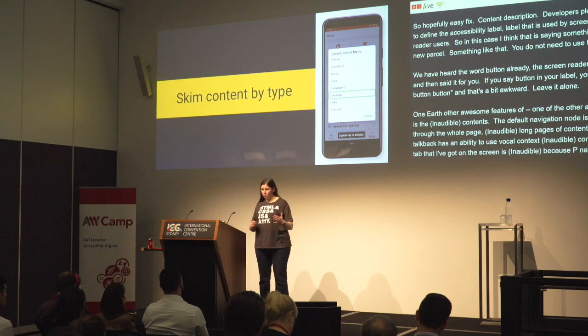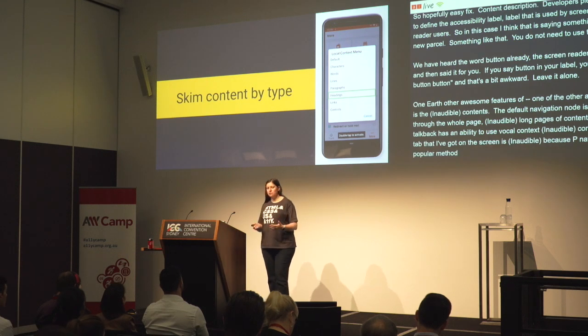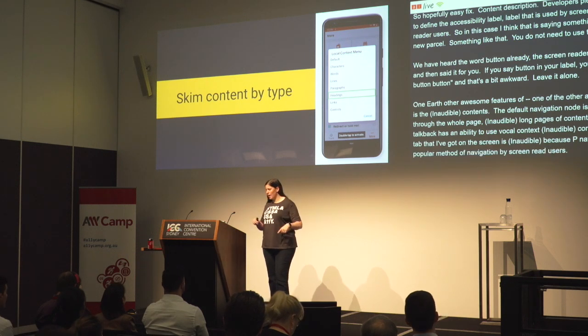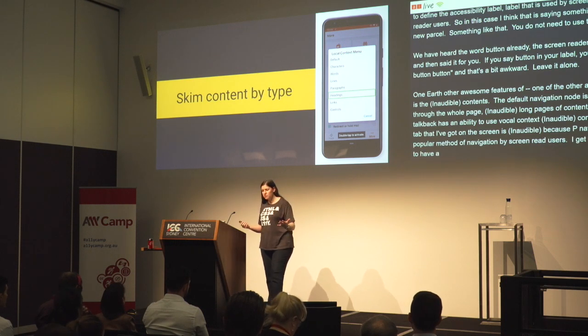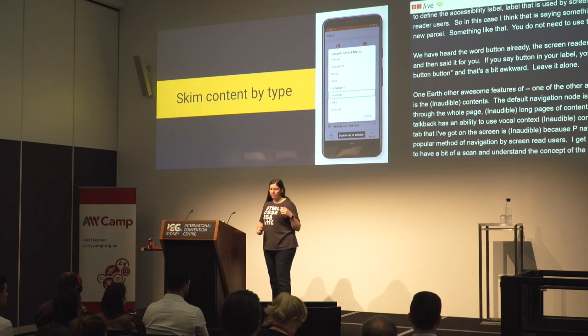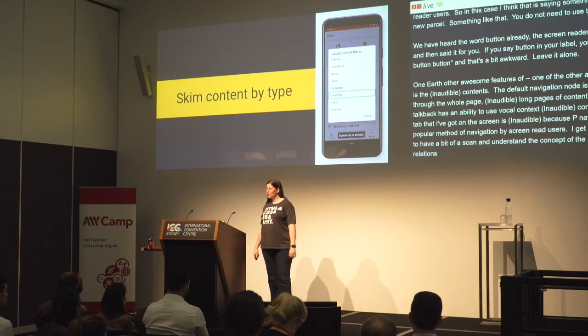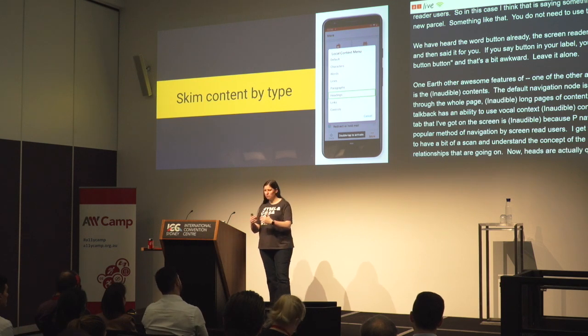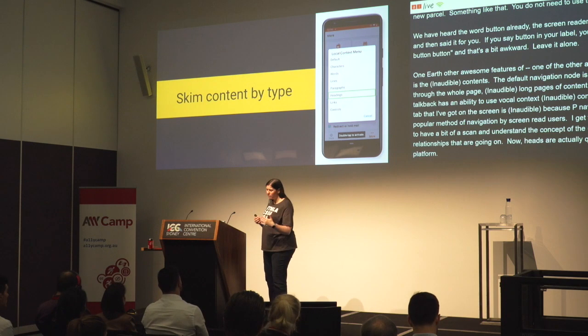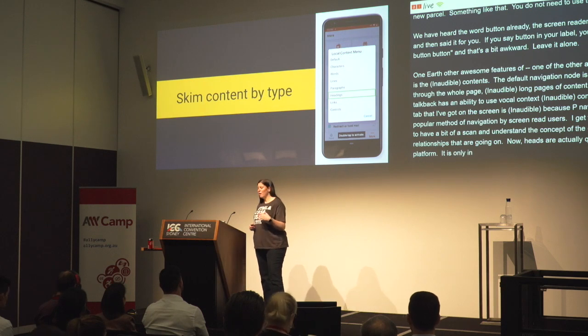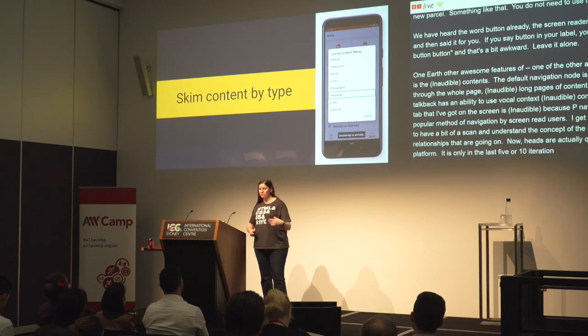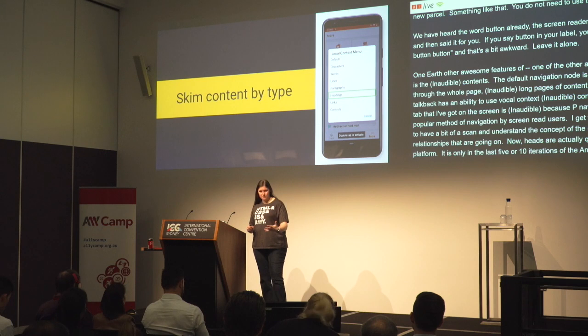I get why it would be. As a visual user, we often use the headings to have a bit of a scan and understand the concept of the page, the context of the page, and the relationships that are going on. Now, headings are actually quite a new concept on the Android platform. It's only been in the last one or two iterations of the Android API that headings have actually been announced and recognized within apps.